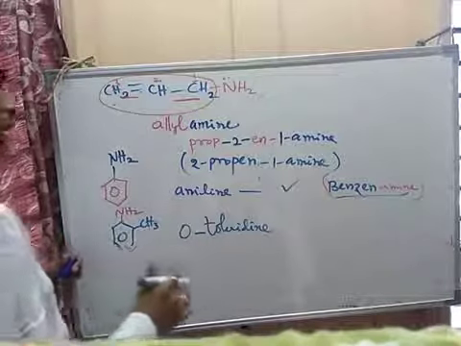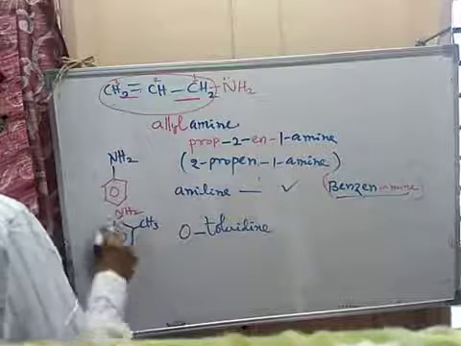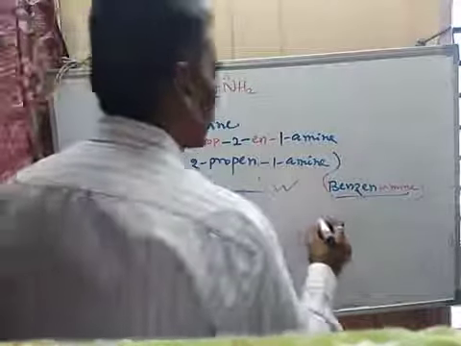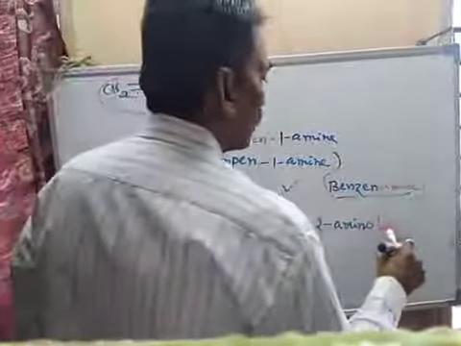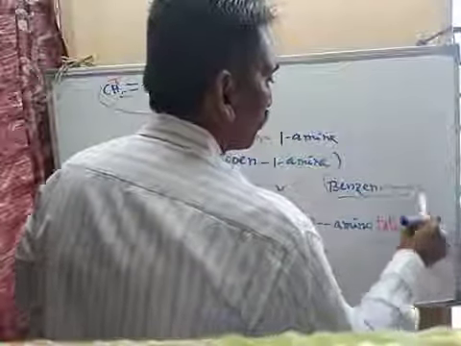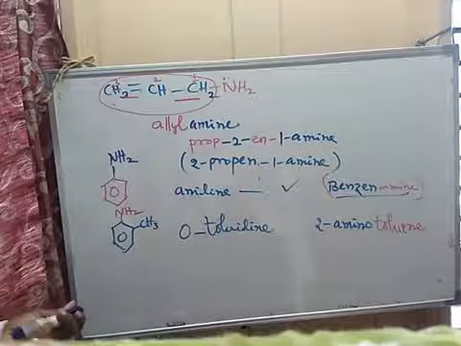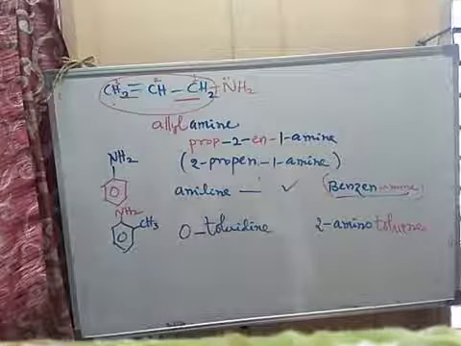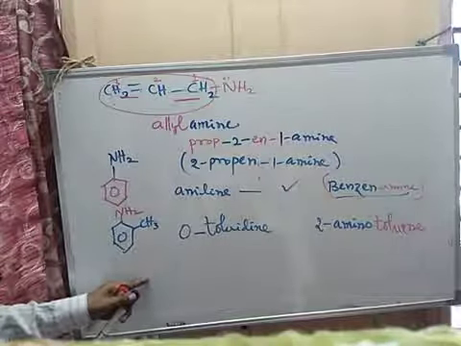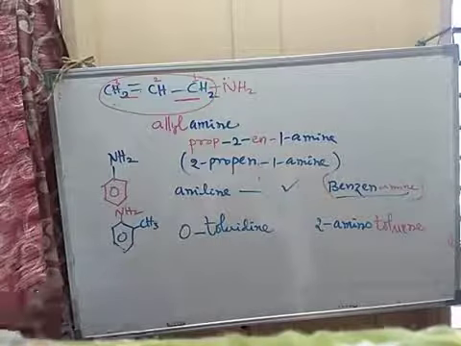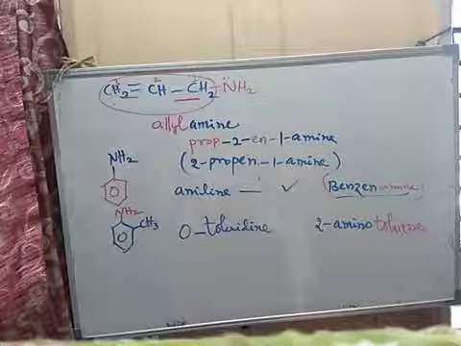Toluidine is this, and the IUPAC name is, yes, this is taken as the parent with NH2 as the substituent, at the second carbon, 2-amino methyl benzene, known as toluene. Like that, we have to change the position: meta position, alternate positions, opposite positions, pair of positions. You will take that one. Yes, this is the end of nomenclature.